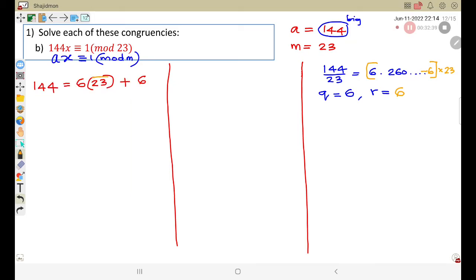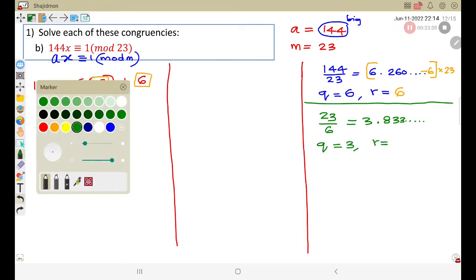Now take the numbers 23 and 6. 23 divided by 6 equals 3.833, correct? So what is the quotient? The quotient is 3. What will be the remainder?